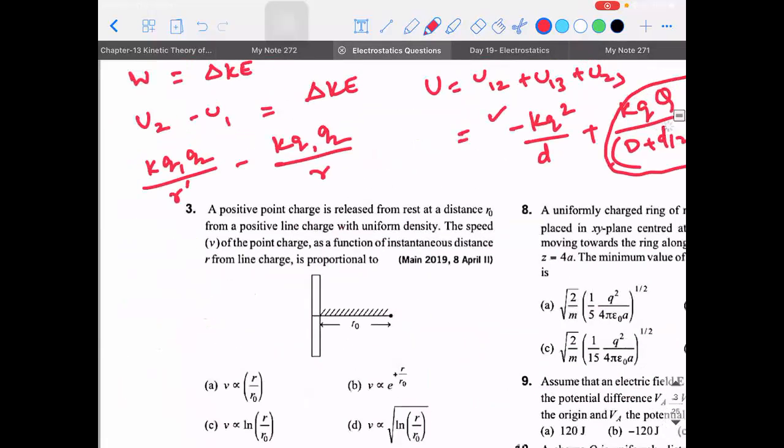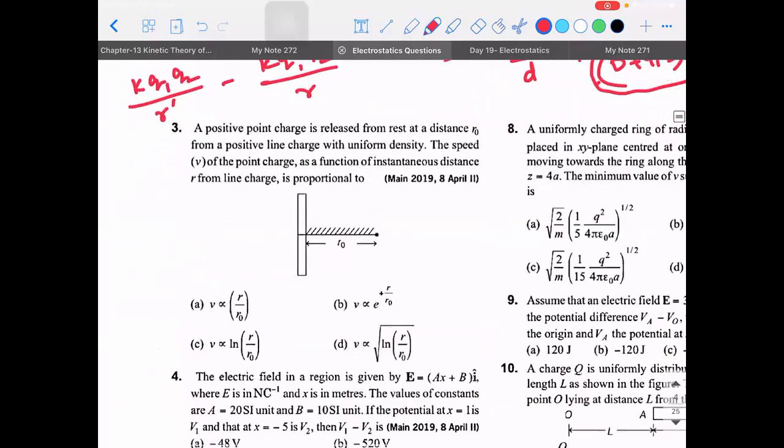I think they are comparatively easy, right? Next, see, if you do this problem, you guys have understood integration.